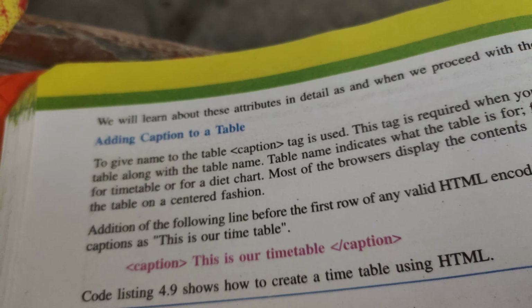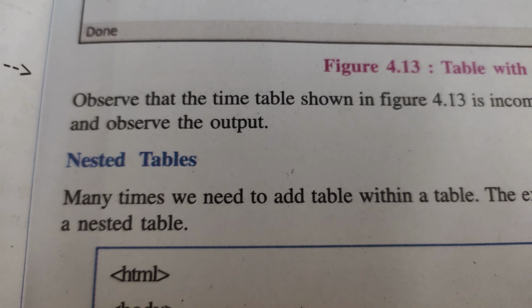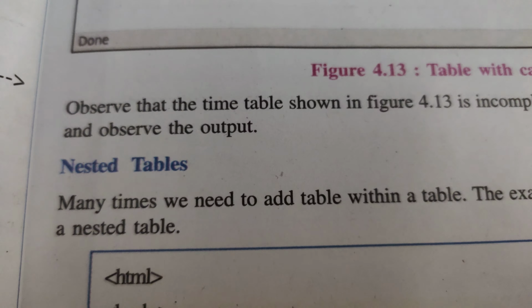Next is the nested table. Many times you have made a single table, but you want to add another table inside your table. That is called a nested table. There are many types of tables added within tables, and that is nested tables.